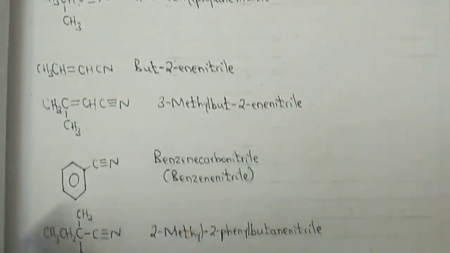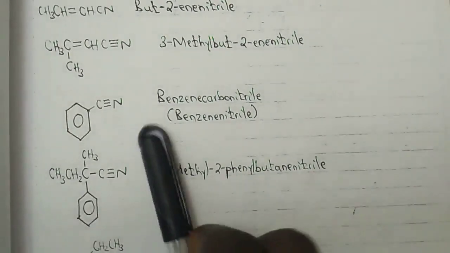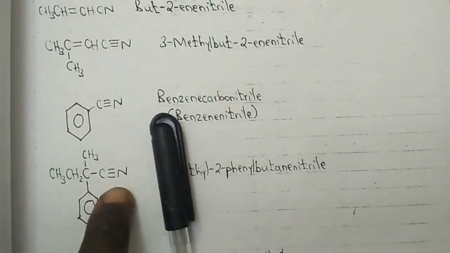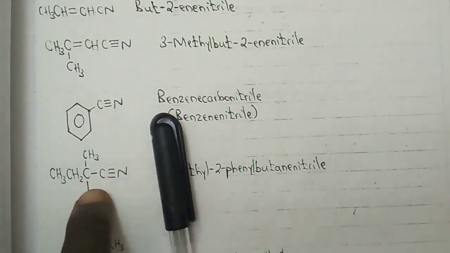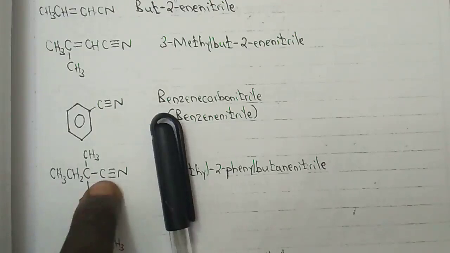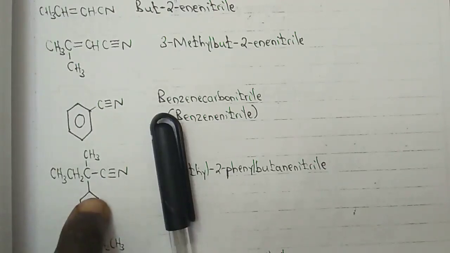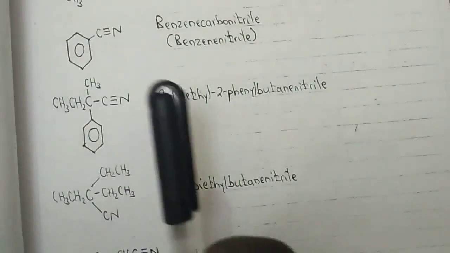Huyu hapa ni benzenecarbonitrile or benzenenitrile. Huyu hapa ni 1, 2, so it's 2-phenyl. Then 1, 2, 3, 4, 2-methyl, 2-phenyl, butanenitrile.